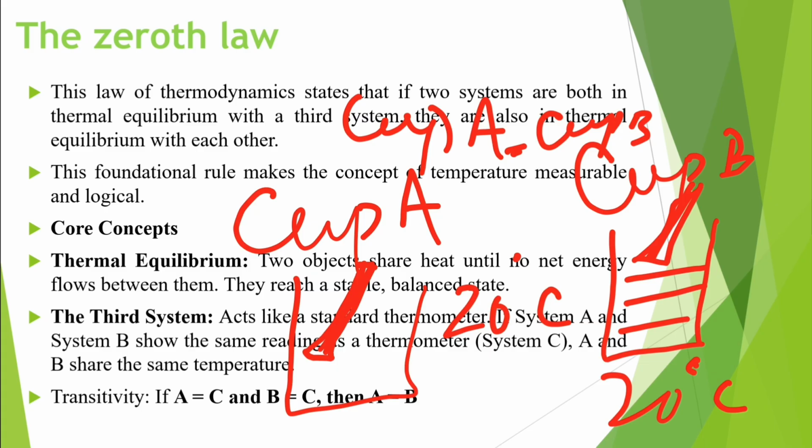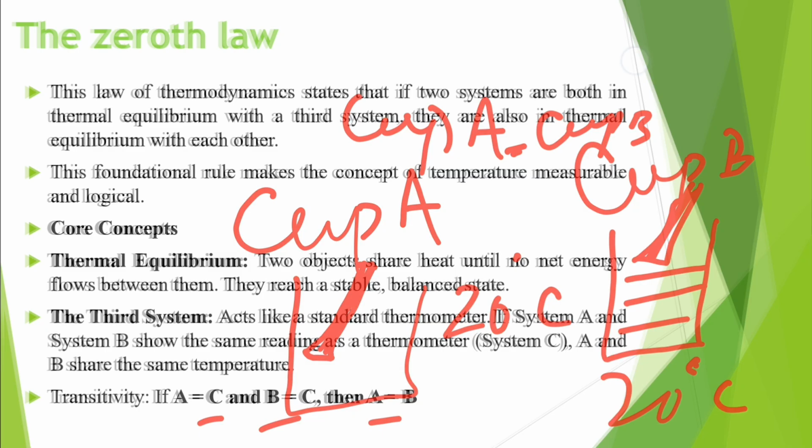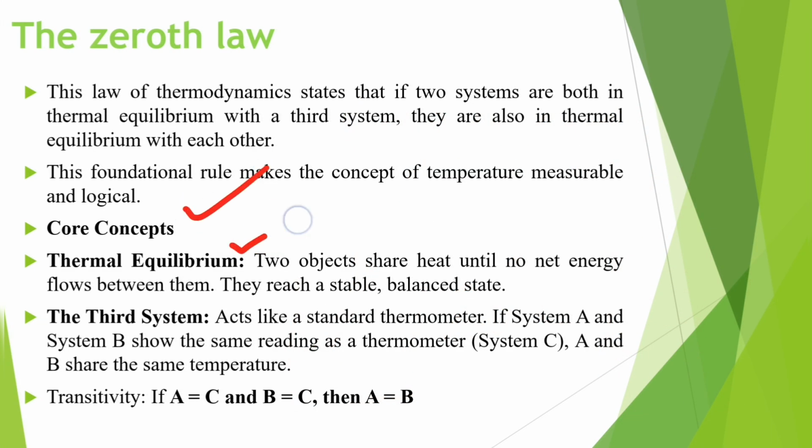So this zeroth law follows the simple math formula: if A equals C and B equals C, then A definitely equals B. So what are the core concepts? At first, thermal equilibrium. Two objects share heat until there is no net energy flow between them. They reach a stable balanced state.